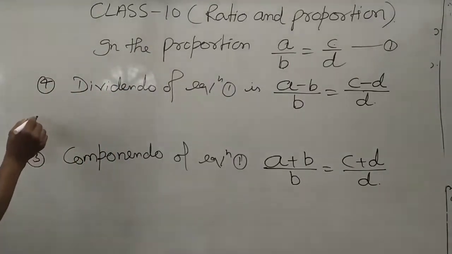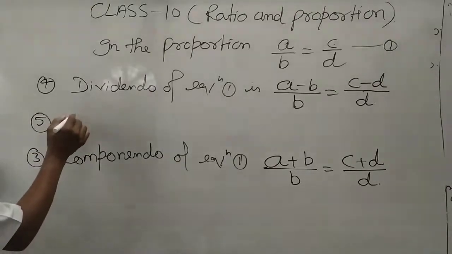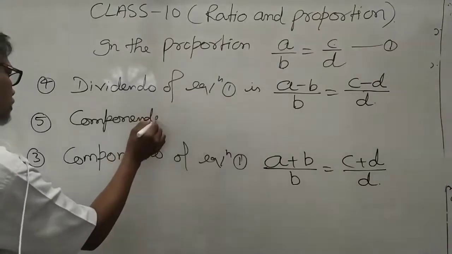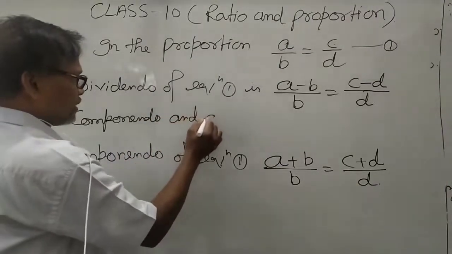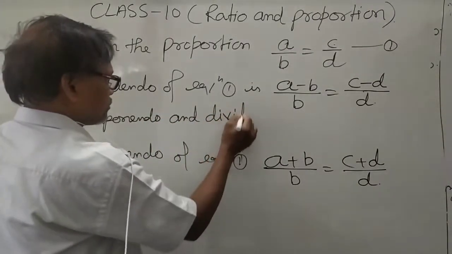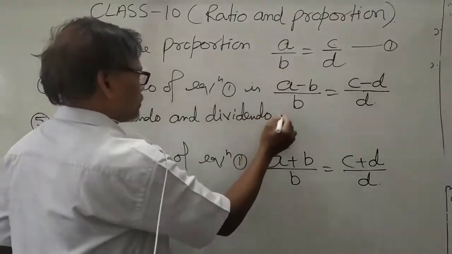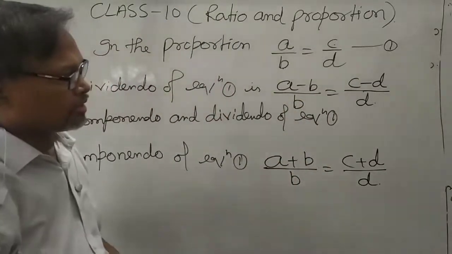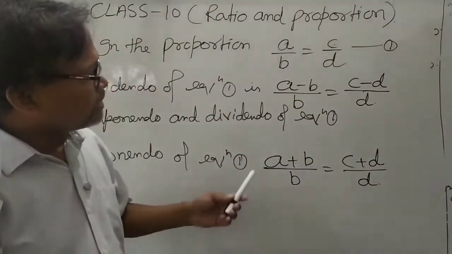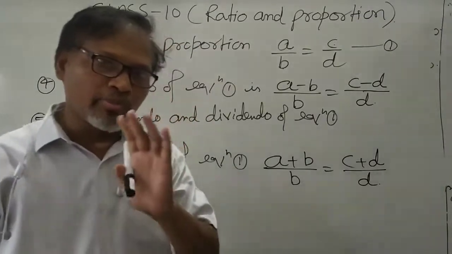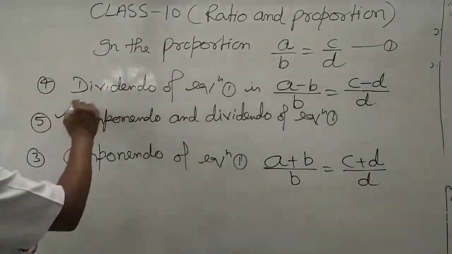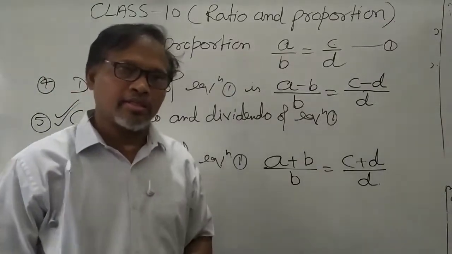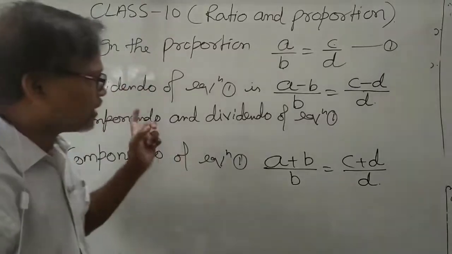But if it asks for componendo and dividendo of equation 1, clear? Most of the time you have to use componendo and dividendo simultaneously. It is also called C and D, using C and D simultaneously.